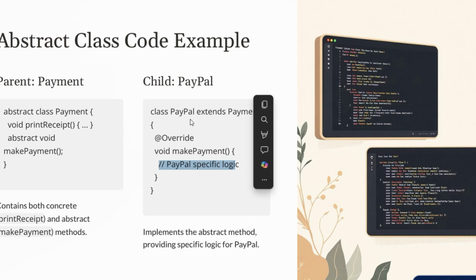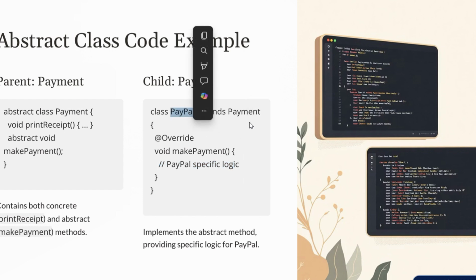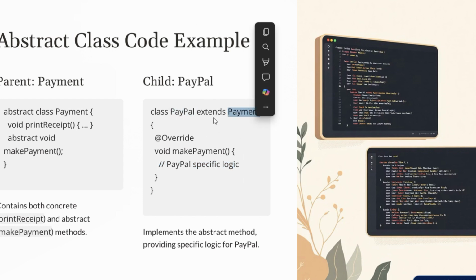PayPal extends Payment. PayPal is the child class, Payment is the parent class. The parent abstract class forces the children to define how.